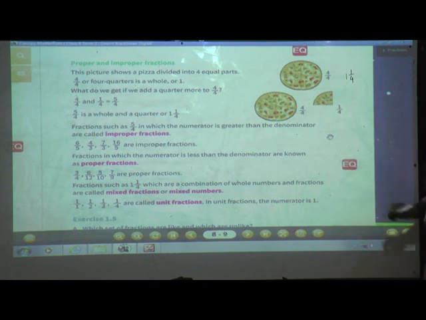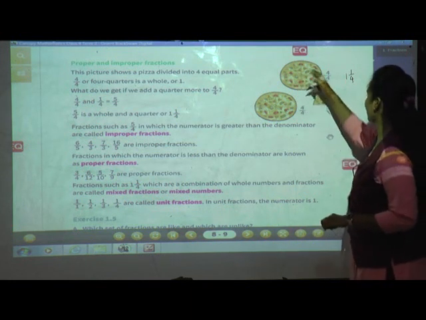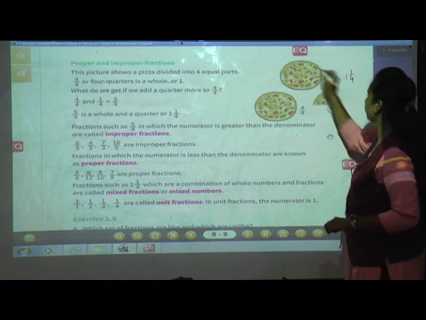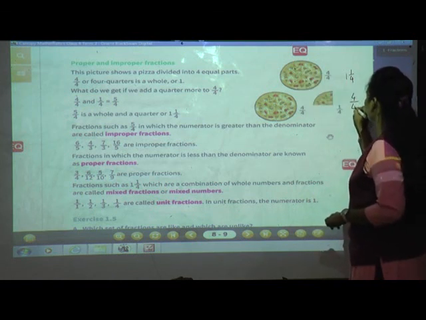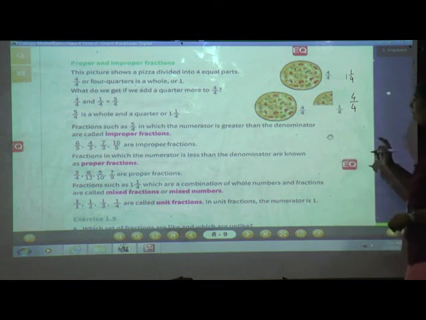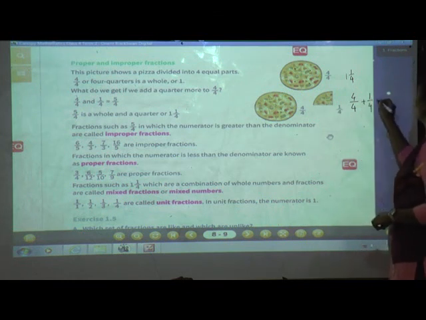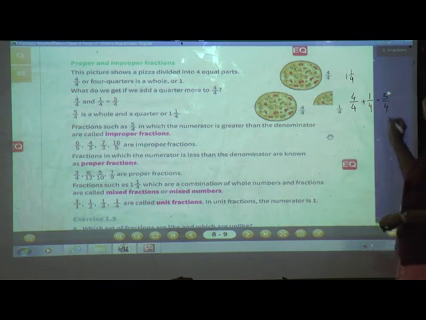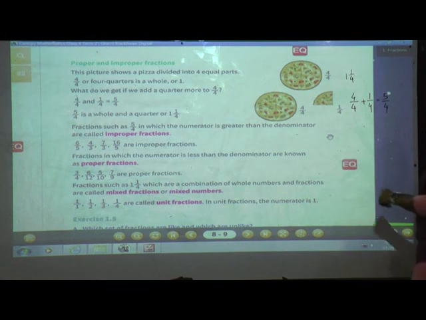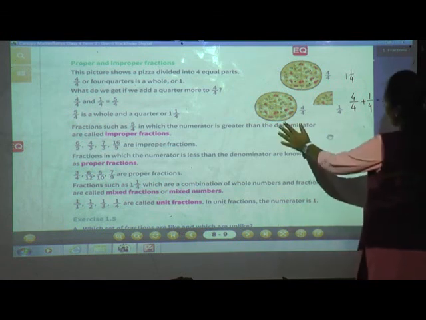Correct or no? But now see, here are 4 parts. 1, 2, 3, 4. Isn't it? 4/4. And how much do we have to add to that? 1 by 4. So 4 plus 1 is 5/4. But how do we write this in mathematics if we want to add together, that too in whole?